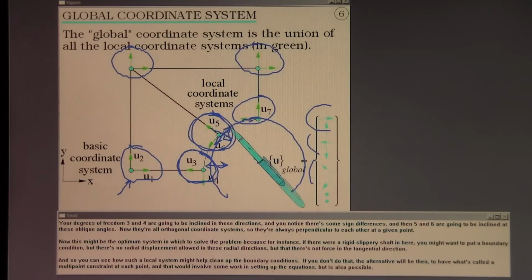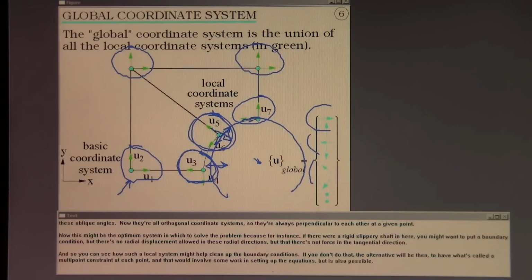And so you can see how such a local system might help clean up the boundary conditions. If you don't do that, the alternative would be then to have what's called a multi-point constraint at each point, and that would involve some work in setting up the equations, but is also possible.